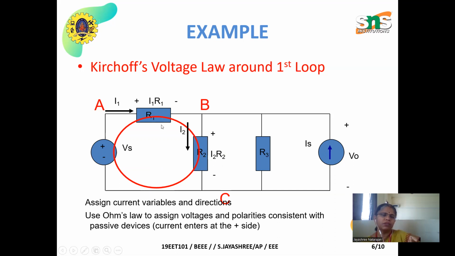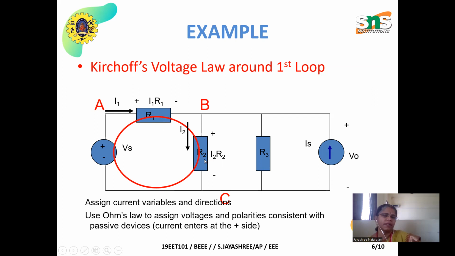Then the second branch, AB, consists of one resistance R1. If we take the current through this resistance as I1, then the resistance R1 produces a voltage drop, I1 into R1. So the drop in this branch is I1 R1.